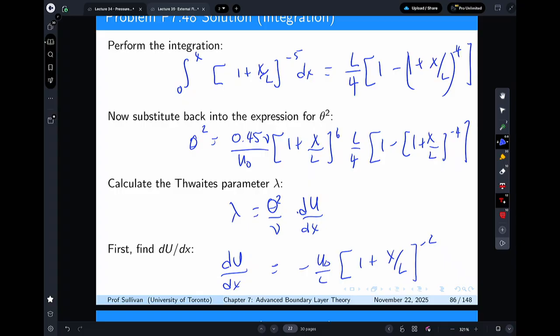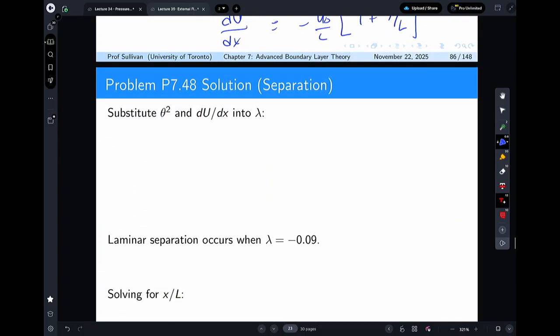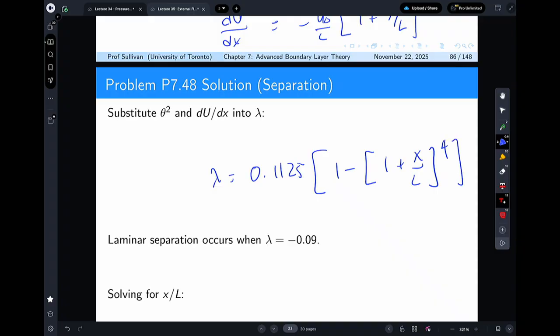If you substitute all of that back in, you'll end up with lambda, which is equal to 0.1125 times 1 minus (1 plus x over L) to the 4. It's not minus, 4.